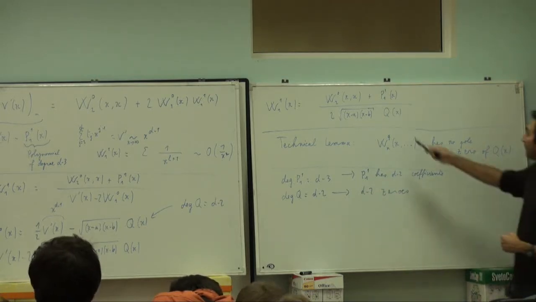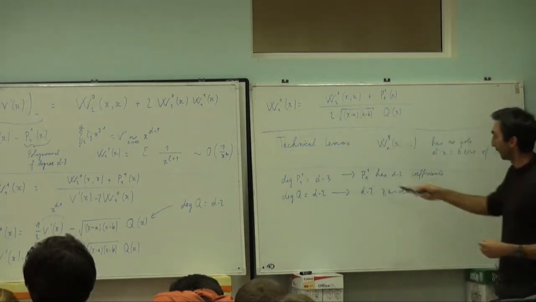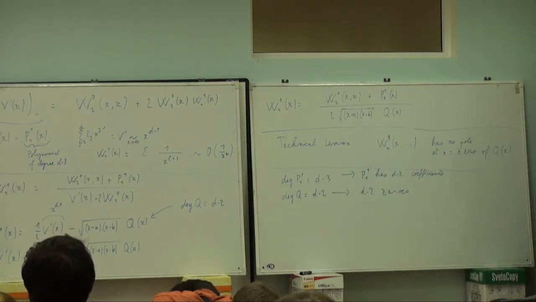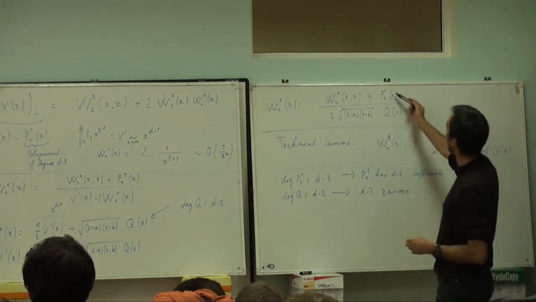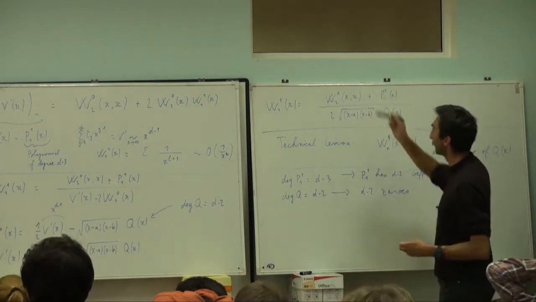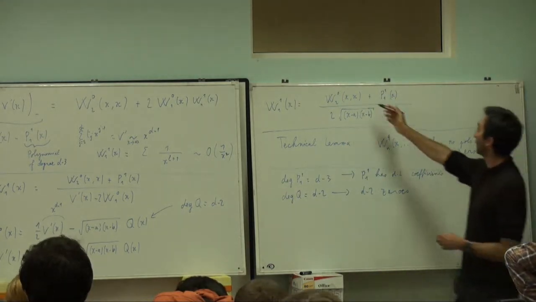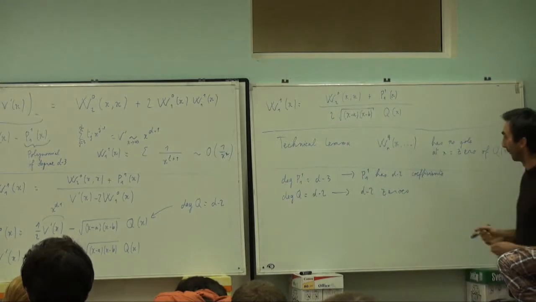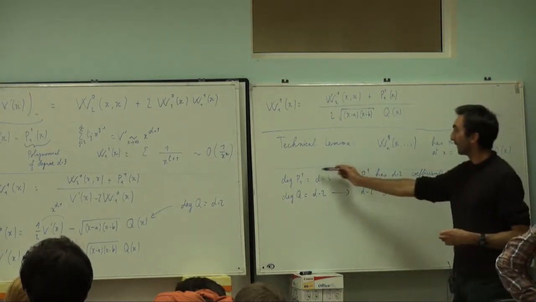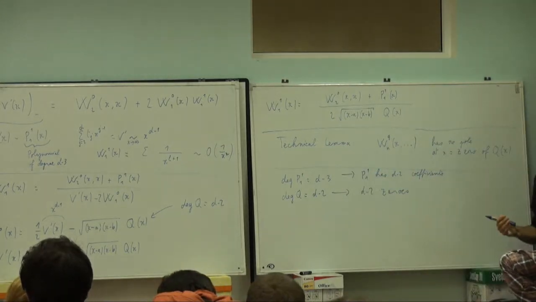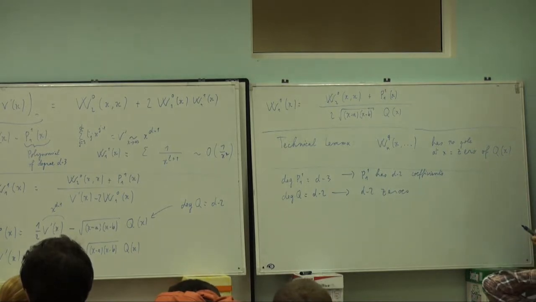So the numerator must vanish at those d minus 2 points. So basically we know the value of P11 at d minus 2 points, which should be minus the value of this at those d minus 2 points. And so we have a polynomial of degree d minus 3. We know its value at d minus 2 points, so we can determine it.